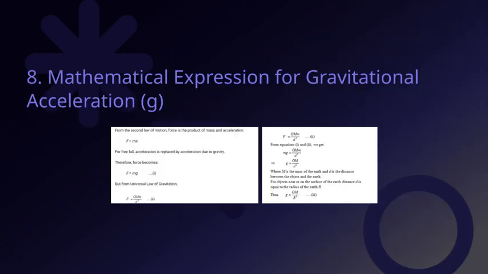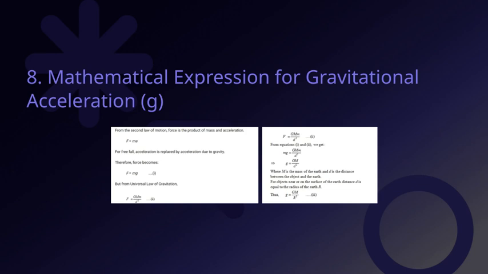Now, let's take a closer look at the mathematical expression for gravitational acceleration, which we denote as g. This formula is fundamental because it quantifies the acceleration experienced by an object due to Earth's gravity. The key components of this expression include the gravitational constant, which is a universal constant, the mass of the Earth, and the distance from the center of the Earth to the object. What's really important here is understanding how these variables interact.